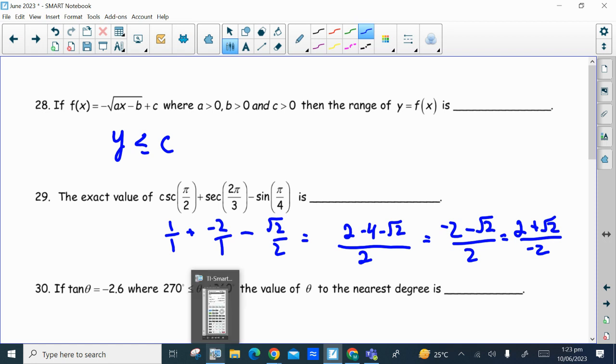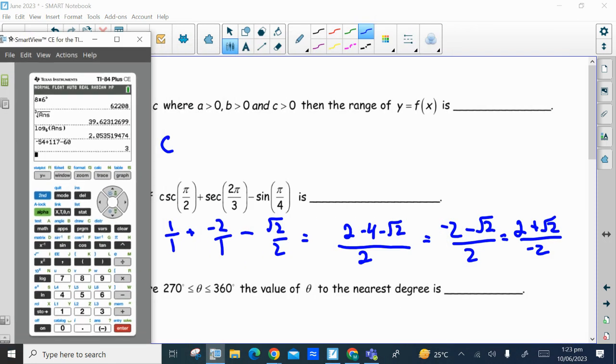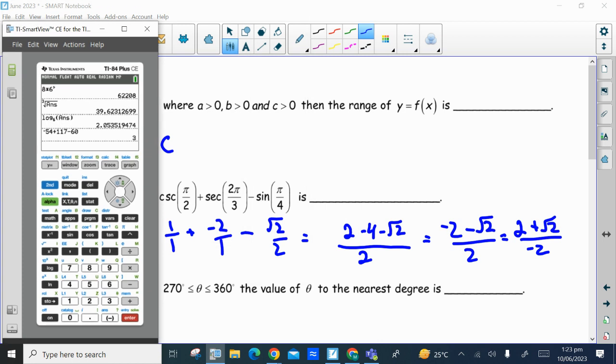And this is one that you could check in your calculator. With our calculator in radian mode, 1 divided by the sine of pi on 2 plus, I'm going to use brackets here, 1 divided by the cosine of 2 pi on 3 minus the sine of pi on 4.